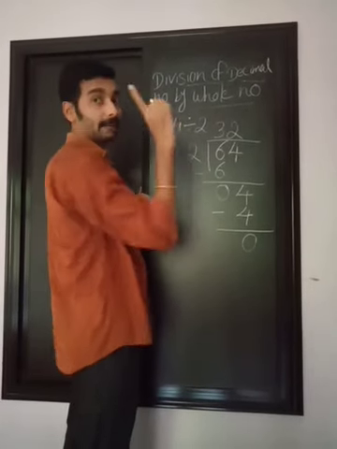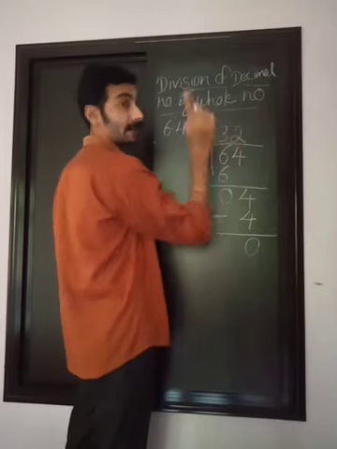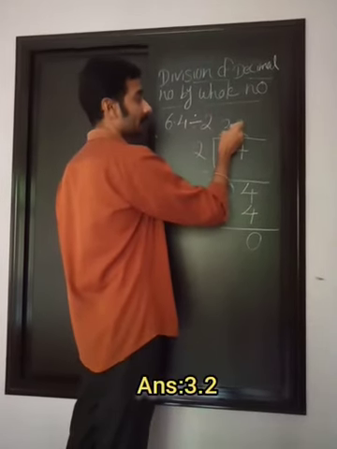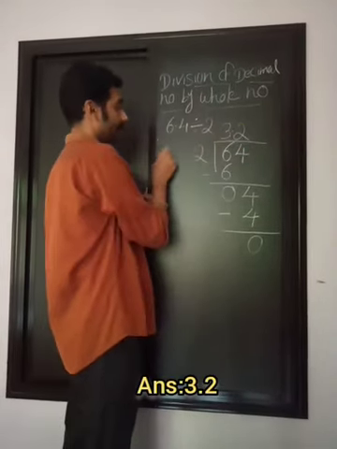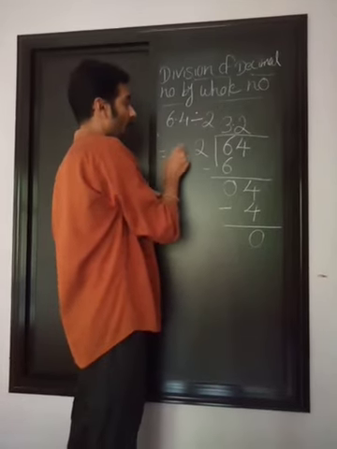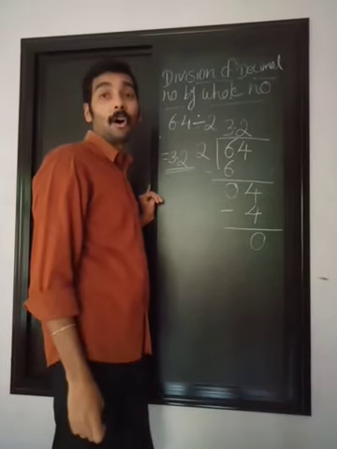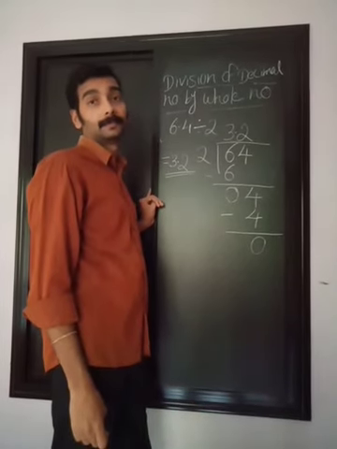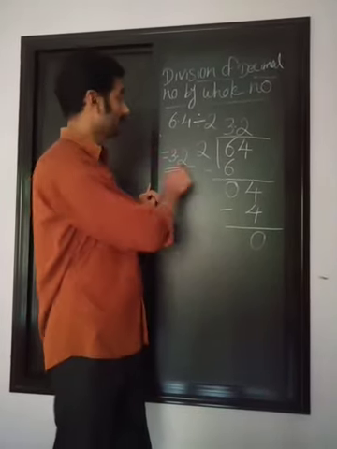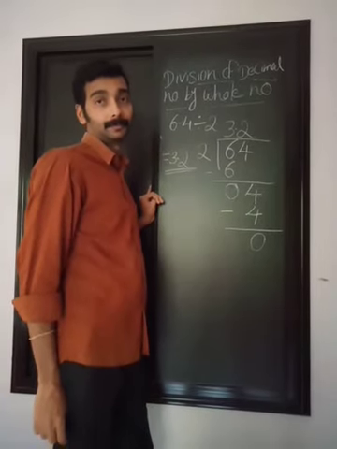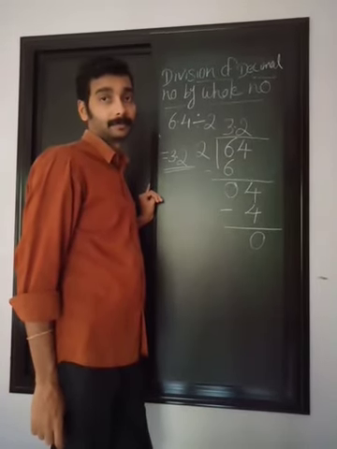That means only 1 point. That is, result is 3.2. Okay. Result is 3.2. Clear? Okay.